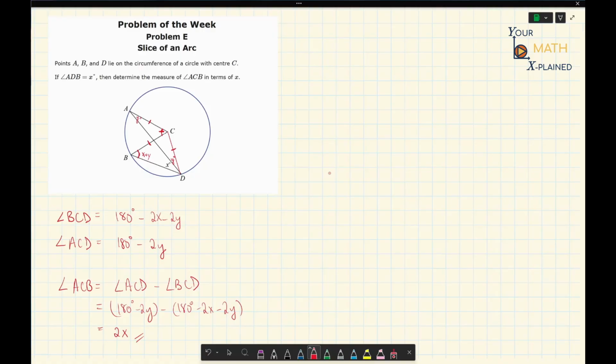In general, the angle that's inscribed at the center of a circle is twice the size of the angle that's inscribed at the circumference by the same chord. That is, the angle inscribed by chord AB. So the chord AB would be this guy right here. We can see that it's being generated by angle x.